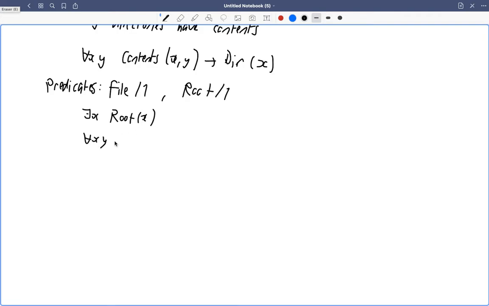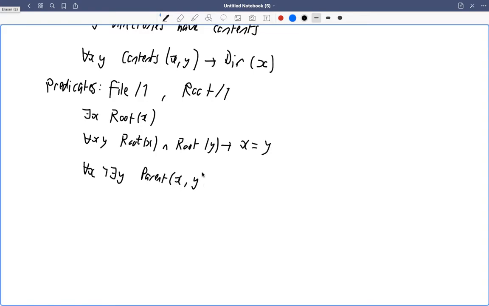For all x and y, if we've got root x and root y, then x equals y. The root has no parents, so for all x, it's not true that there exists a y such that the parent of x is y. So we've got exactly one root, and it has no parent.